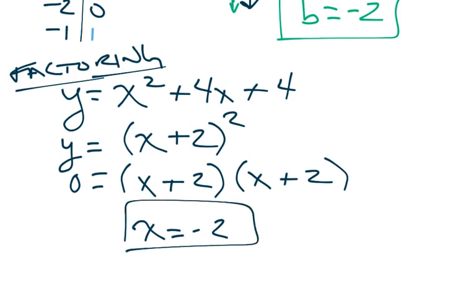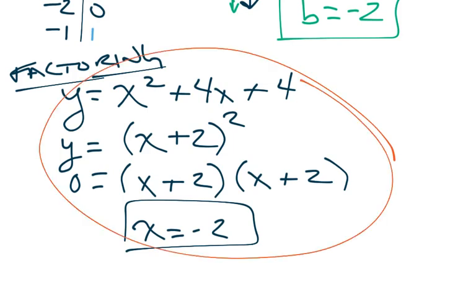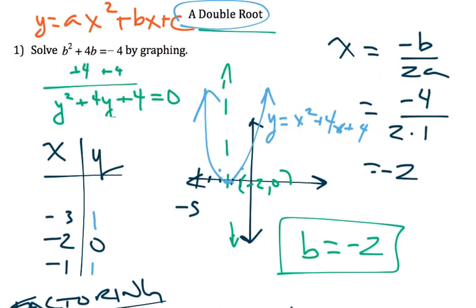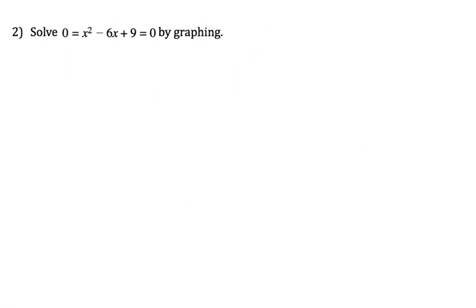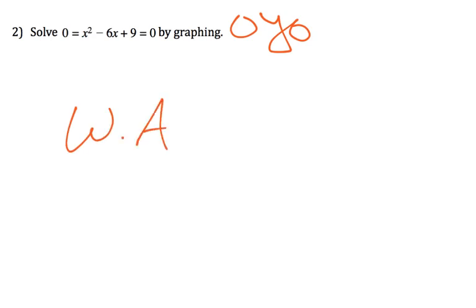Now here's my opinion. I would rather solve these by factoring or some other method before graphing. I find graphing to be a little bit time consuming, but because they're good practice and they really help us see the picture, it's still something we want to do. Make this an OYO problem, and you can check it on Wolfram Alpha.